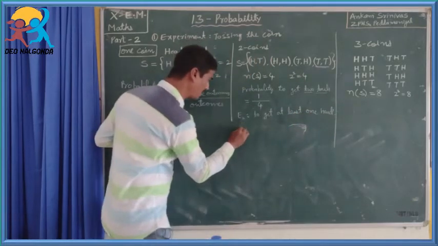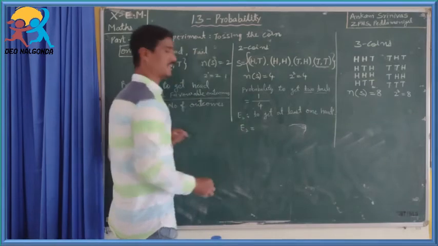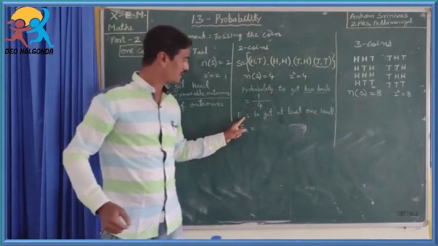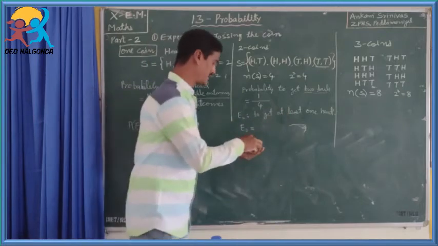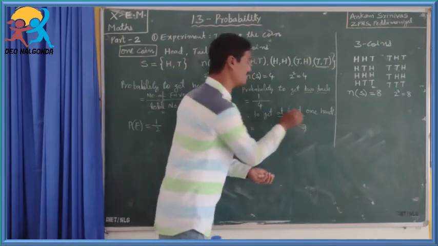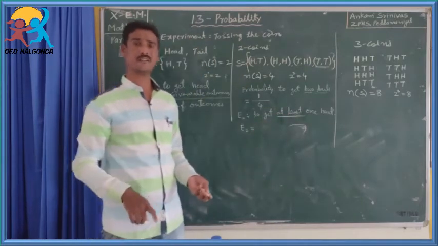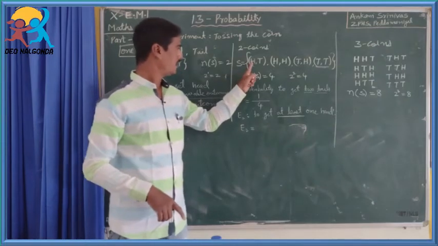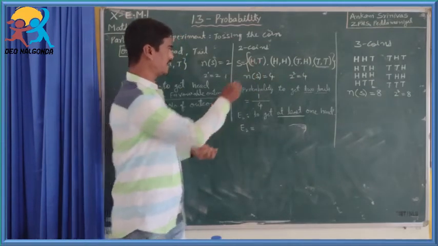Now, what are the favorable outcomes in this event? At least one head. At least one head means in this H comma T, it has one head.